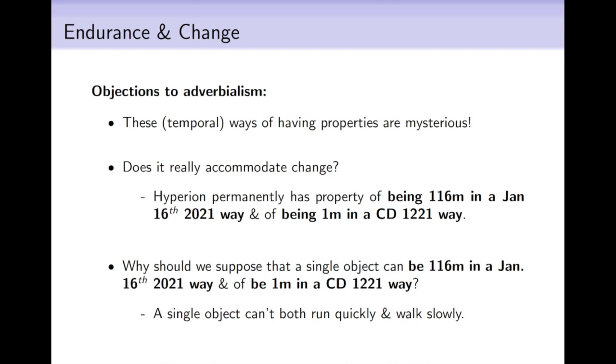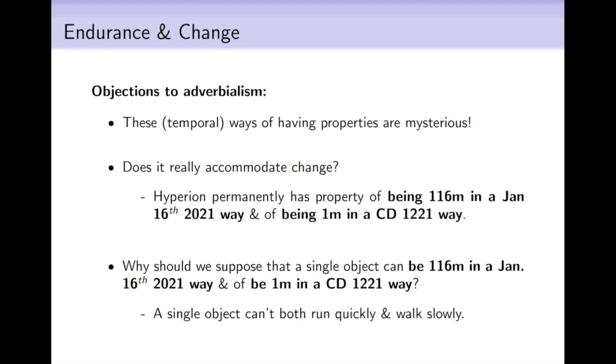So take Bolt. One thing that Bolt can't do is both walk and run at the same time. It would seem just a contradiction to say that Bolt is walking and Bolt is running, right? That just seems a contradiction.